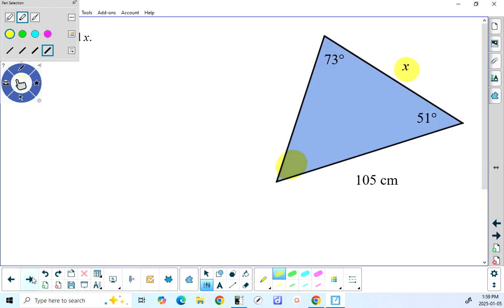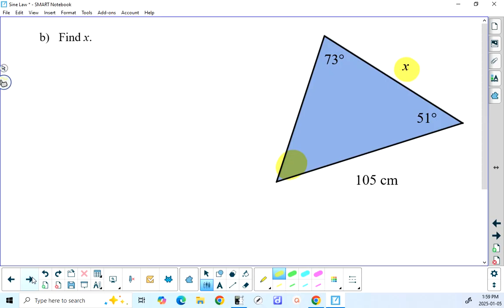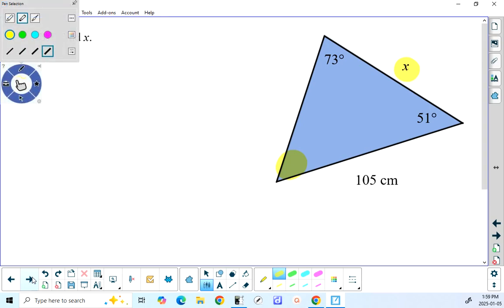The only way you can use the sine law to find one thing is if you know the other half of the pair that that thing is part of. And as well, the only way you can use the sine law to find a thing is if you know a full pair someplace else.